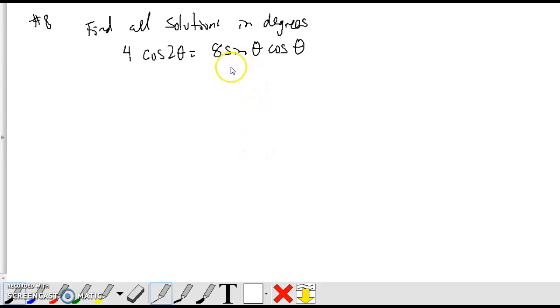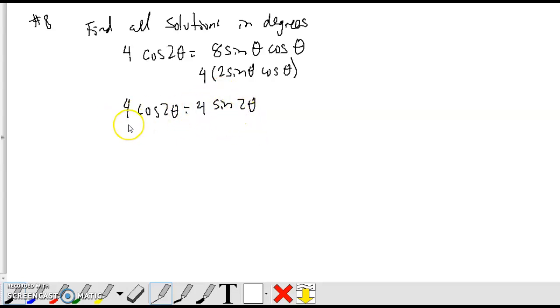I know that there's a sine and cosine being multiplied together. So if I break this apart, this is really 4 times 2 sine of theta cosine of theta. Now all of a sudden I have 4 cosine of a double angle equal to 4 times the sine of the double angle.